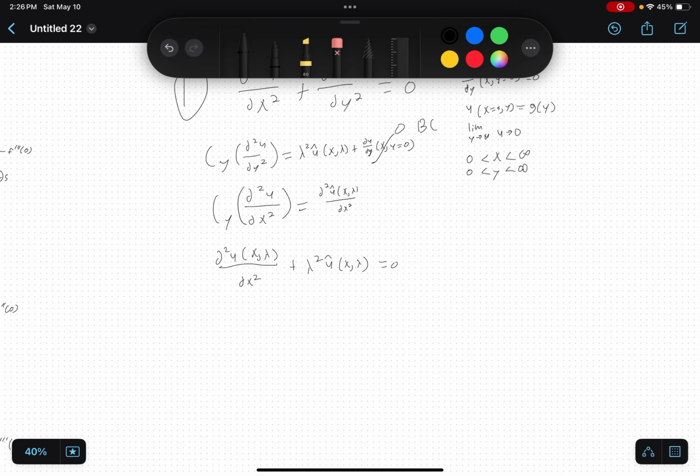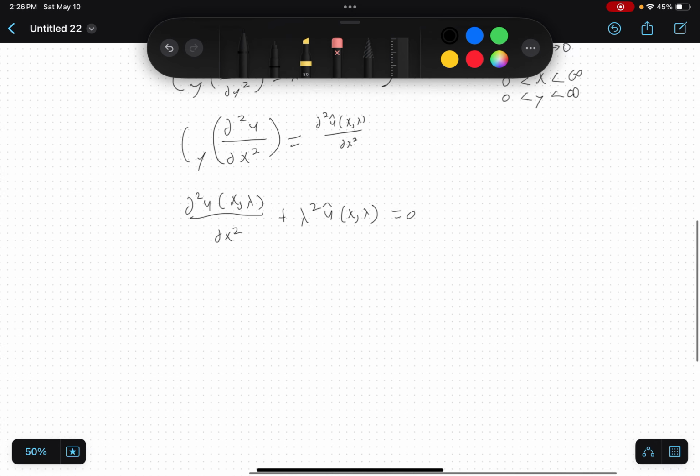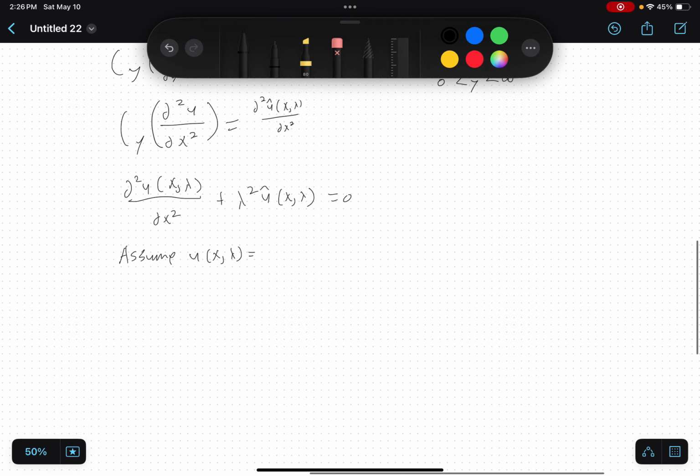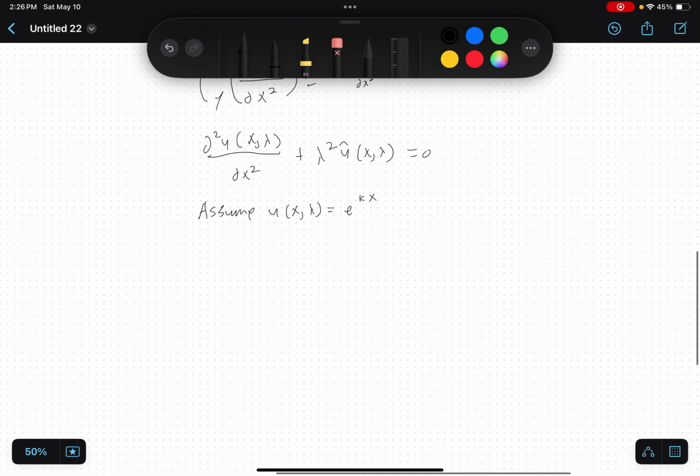So what do you do from here? Well, you do the normal thing. You assume e to the kx. You plug it in, and you get k squared equals lambda squared. So then you get k equals plus minus lambda.